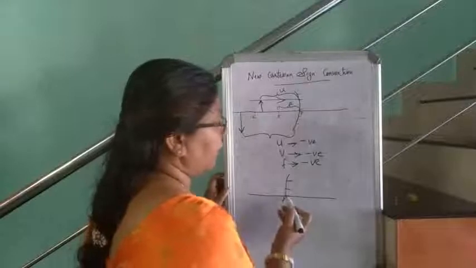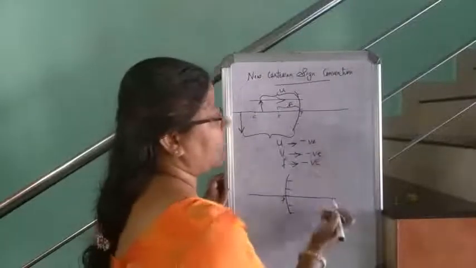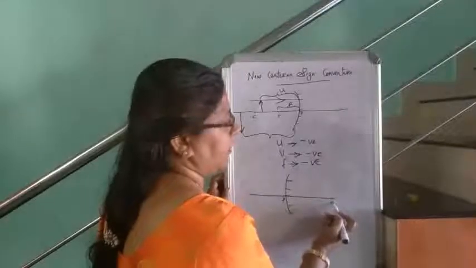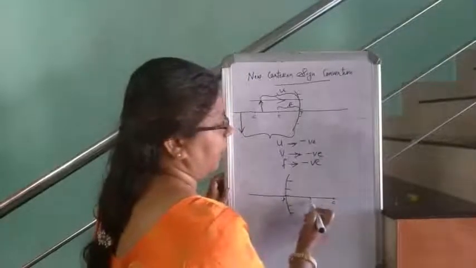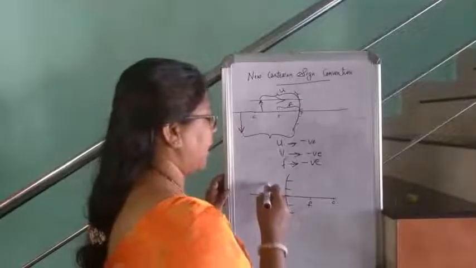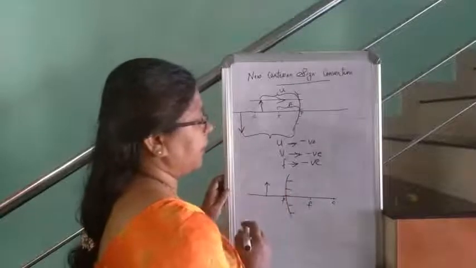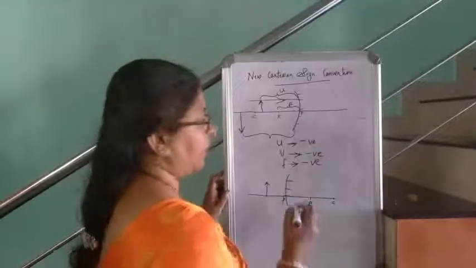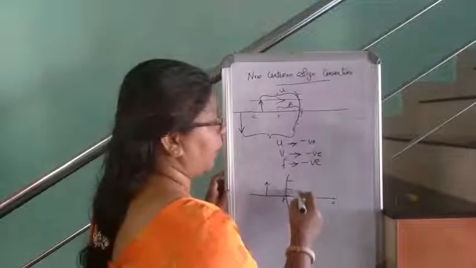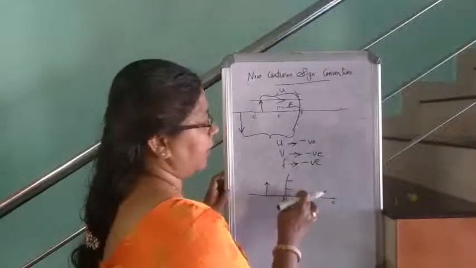In the case of a convex mirror, the center of curvature is inside here, and this is the focus. As you have studied in the ray diagram, if an object is kept here, the image will always be obtained between the pole and the focus. The image will be diminished and virtual.